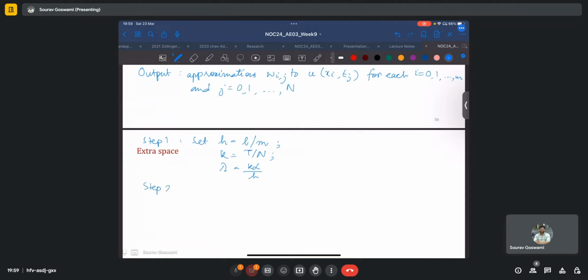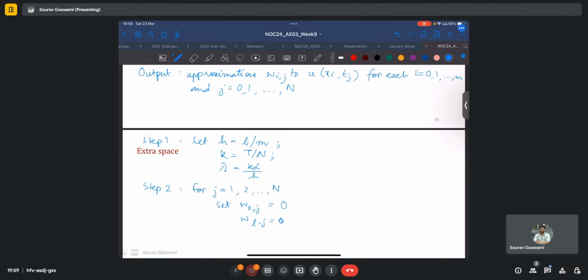Now step 2, for j equals 1 to n, we set w(0,j) is 0 and, sorry, this should be w(m,j) is 0.